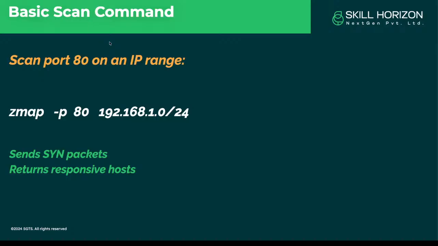When you run this command, it basically sends SYN packets by default. Okay, and when the host returns responses, it checks that and then gives you the output. So let's see how the output will be given. I'm running Zmap on my local network, providing -p, scanning on port number 80, then providing the output.